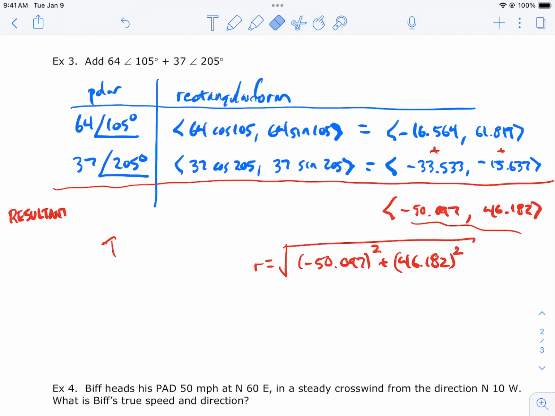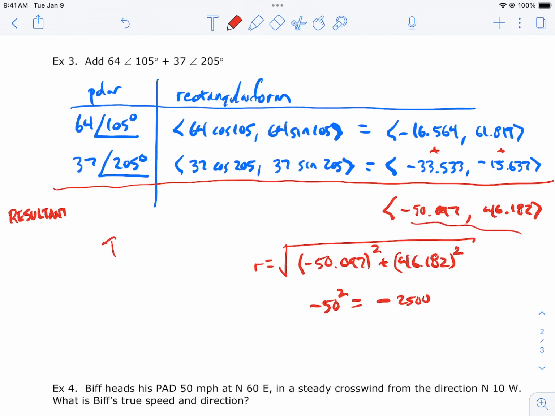I'm going to square it. I'm going to add 46.182. I'm going to square it. I'm going to say equals. And then when I try to take the square root, I get error. And why is that? It's because I'm trying to take the square root of a negative. Well, why am I trying to take the square root of a negative? Because if you don't put that parentheses there, your calculator thinks that this is a negative number. You got to be very careful about that.